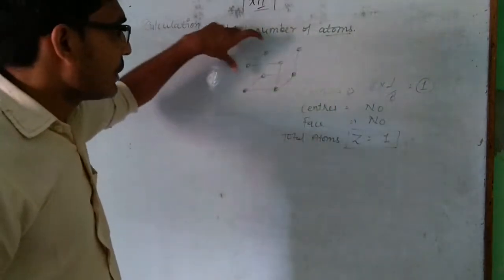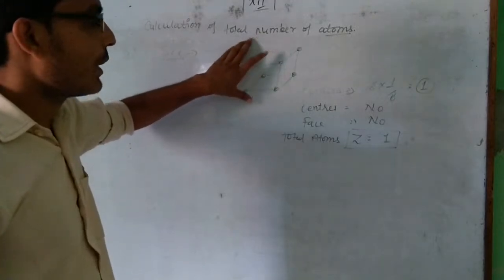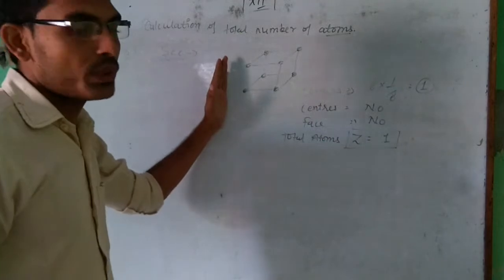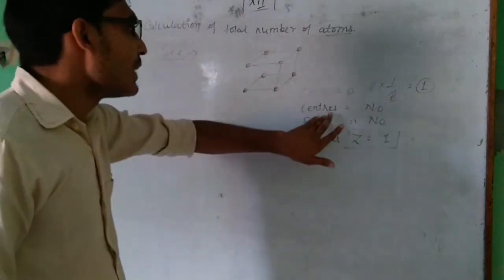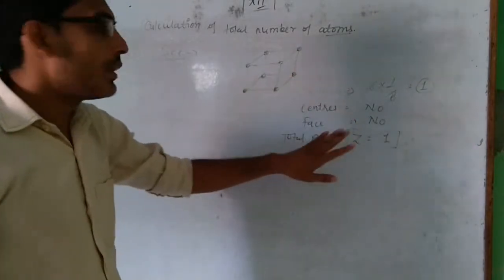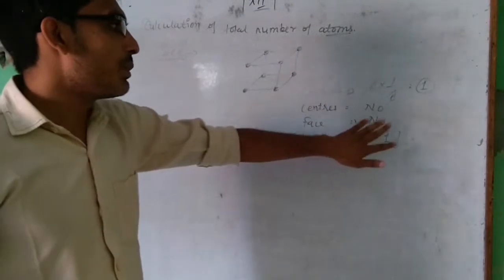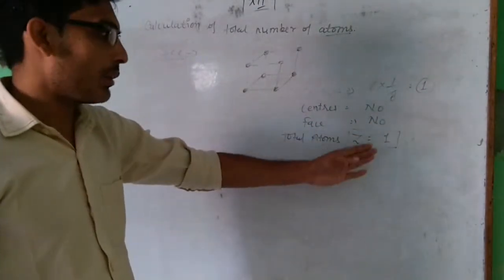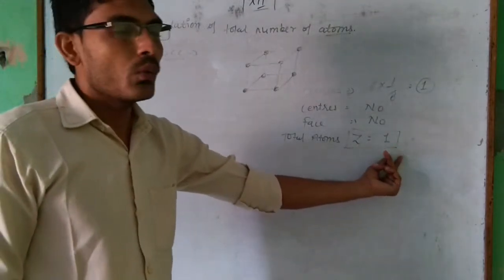All the corners you can check: 1, 2, 3, 4, 5, 6, 7, 8, 8 corners present, and the 1 upon 8th part of this cubic cell, 8 multiplied by 1 upon 8 equals 1. As you know, there is no center, and faces also disappear in the simple or primitive cubic cell. So the total atoms Z, the number of atoms present in the simple cell, is 1.